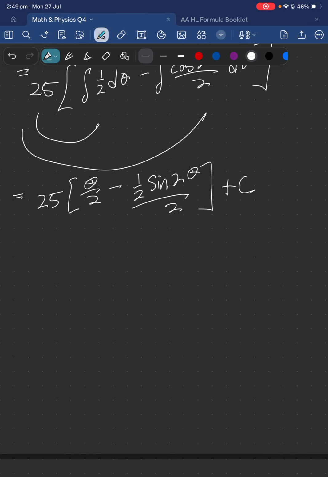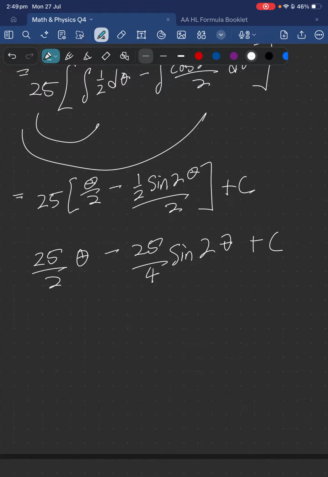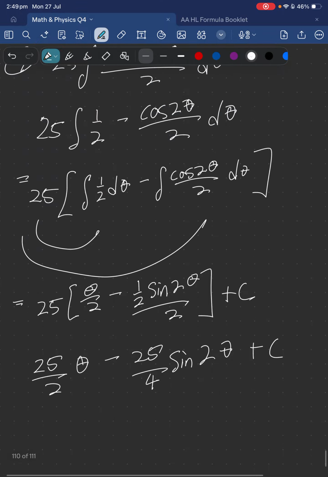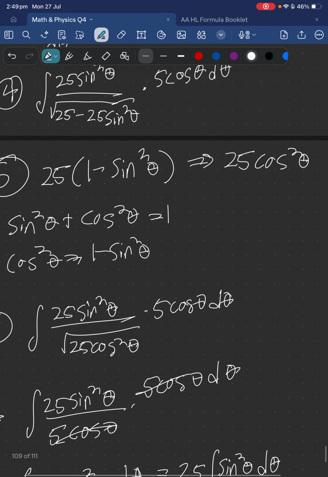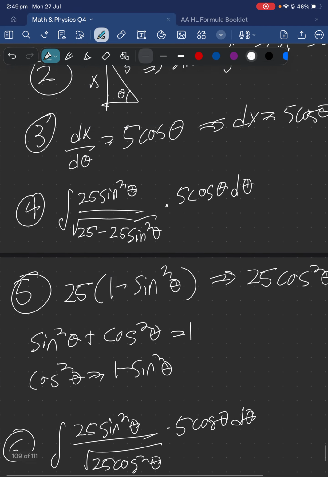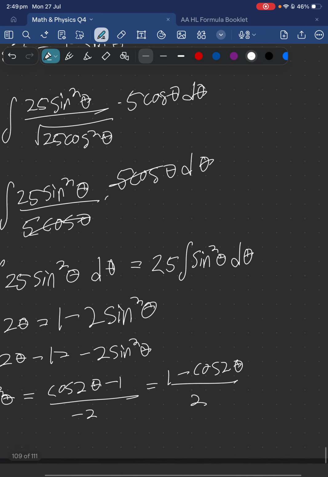And we will get 25 over 2 theta minus 25 over 4 sine of 2 theta plus c, and we are not done yet, unfortunately. I told you, it is a very hard problem because we said x is 5 sine theta, right?